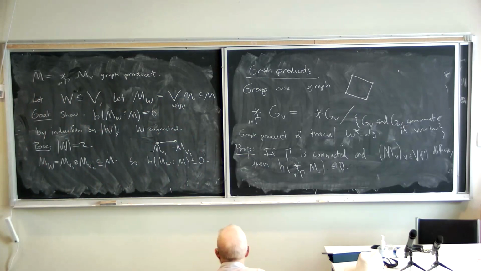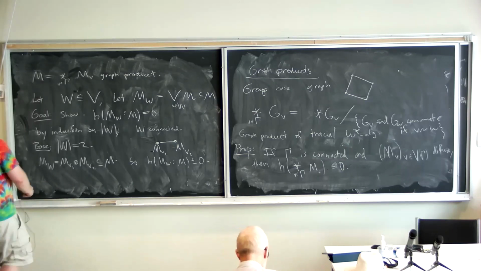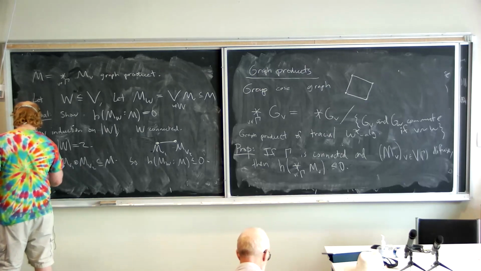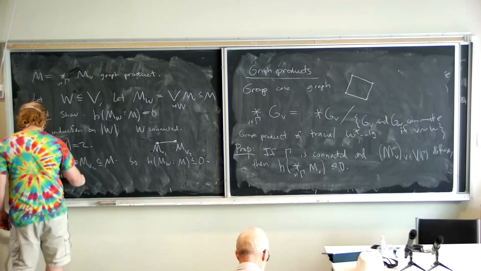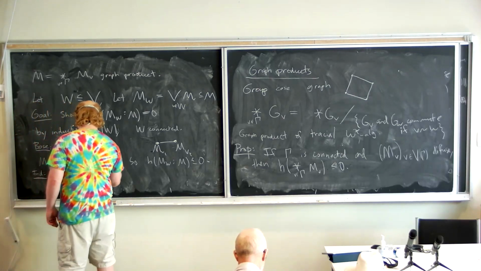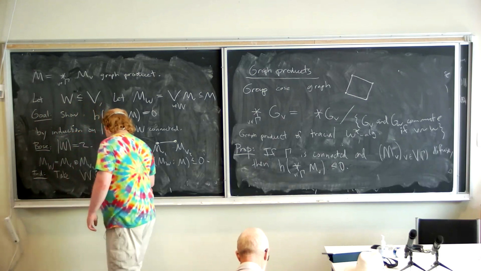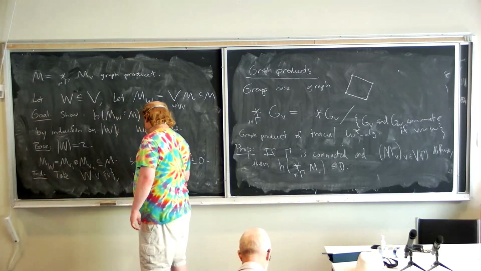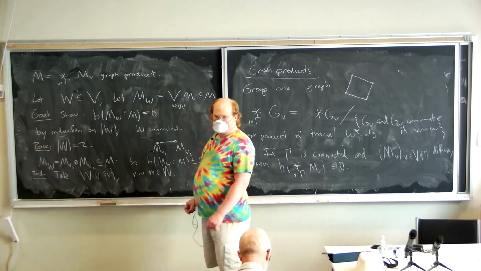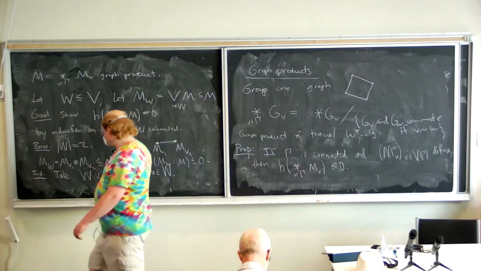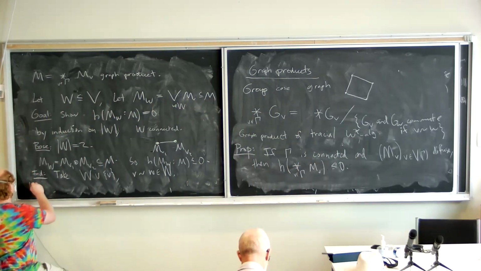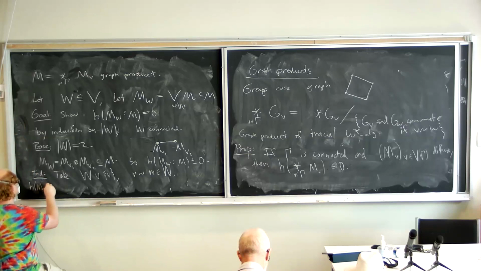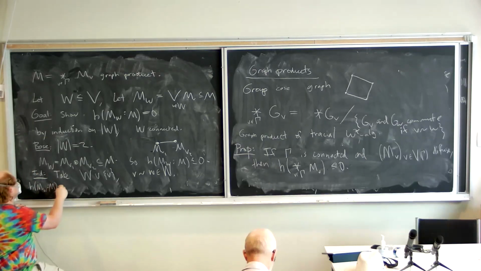And so we're going to add on one vertex at a time, and just to make sure that you're adding on a vertex that's connected to the previous ones, right? So now take W, say union some other vertex V, and then this V will be adjacent to some w that's in the original set W. And so then we consider that by the induction hypothesis, this is less than or equal to 0.